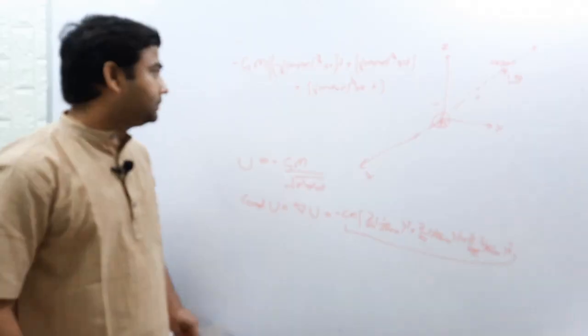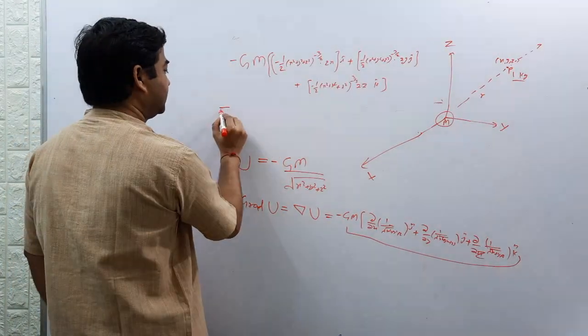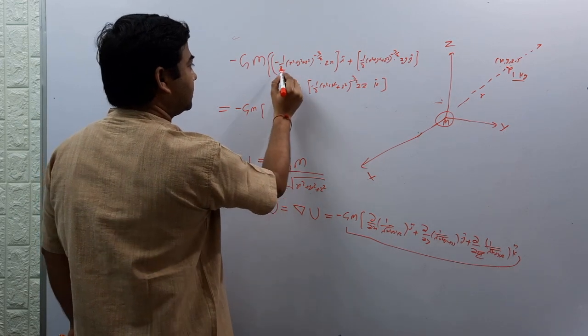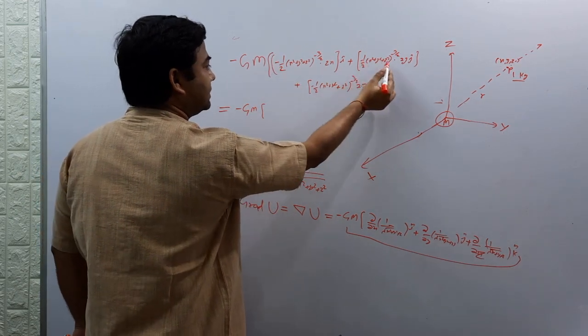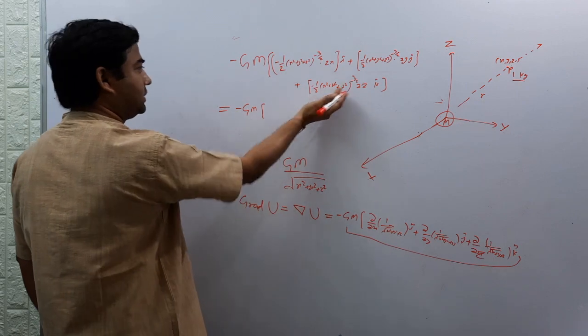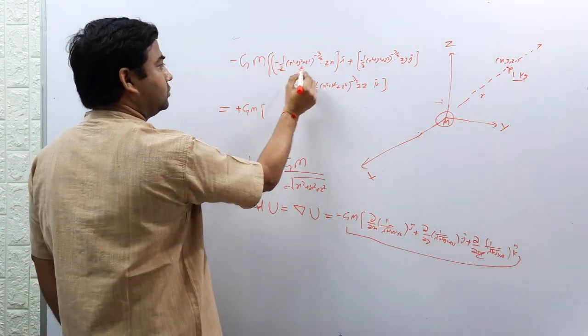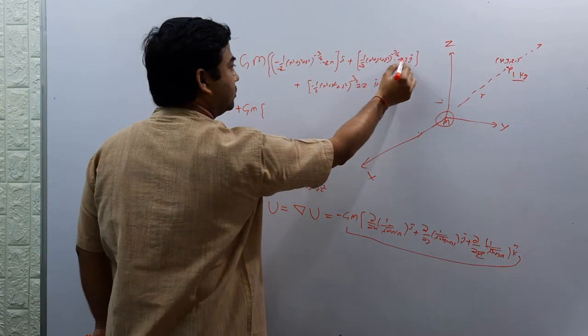So we have partially differentiated this potential energy function. We got this minus Gm. This minus is everywhere, so you take this minus out, so this will be plus 1 by 2. Everywhere this 1 by 2, cut it.